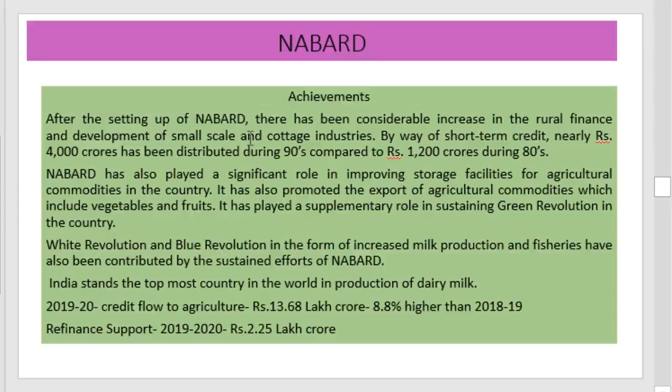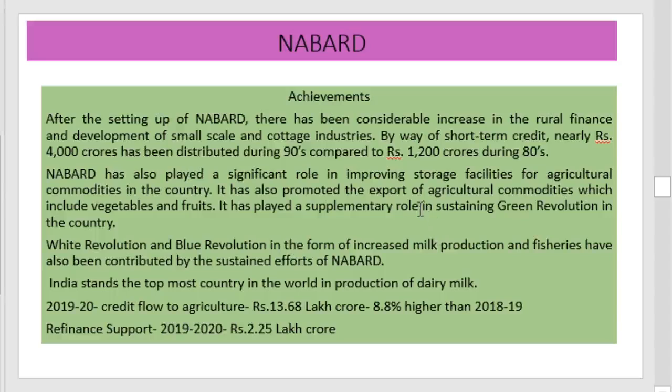The achievements of NABARD are given here. After the setting up of NABARD, there has been a considerable increase in rural finance and the development of small scale and cottage industries. By way of short term credit, nearly 4,000 crores was distributed during the 90s compared to 1,200 crores during the 80s. They also played a significant role in improving the storage facilities for agricultural commodities in the country.